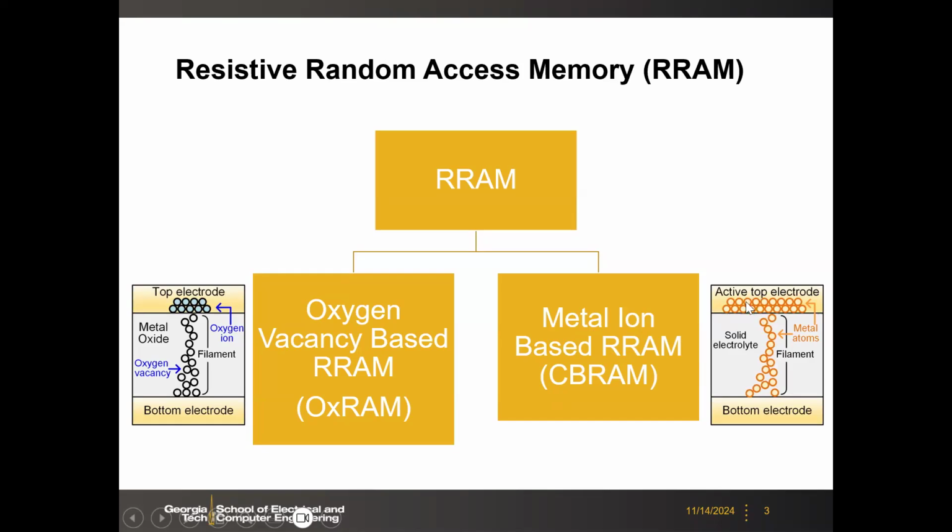Here we have the electrode, and we call it the active electrode because those electrode materials, typically like copper or silver, can easily diffuse into this electrolyte. Therefore, we can create metal filaments between those two electrodes. So that's the difference between those two. The filament composition is different, but other than that, the operation principle is very similar.